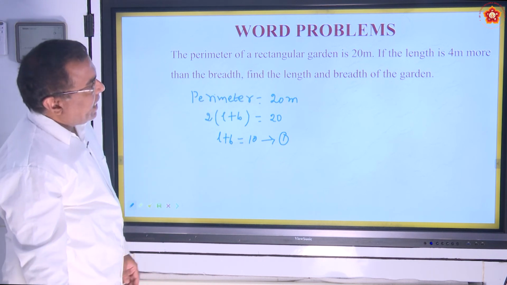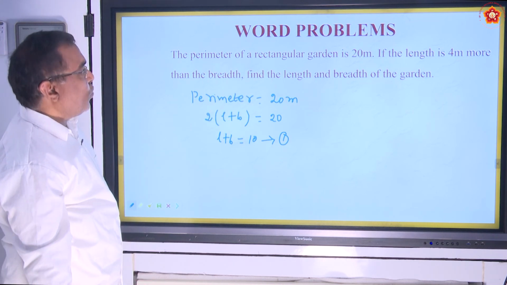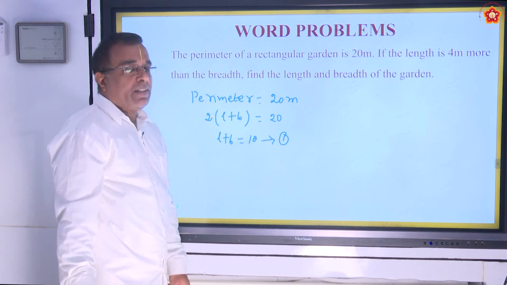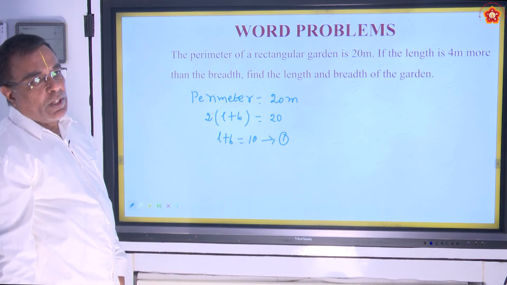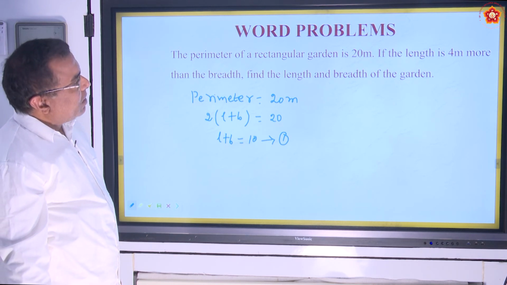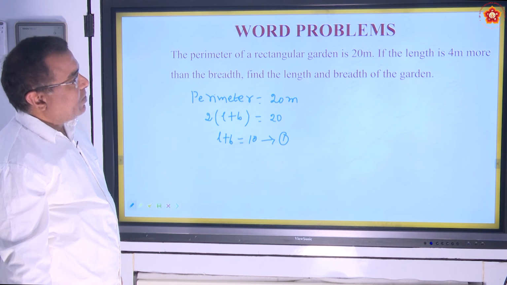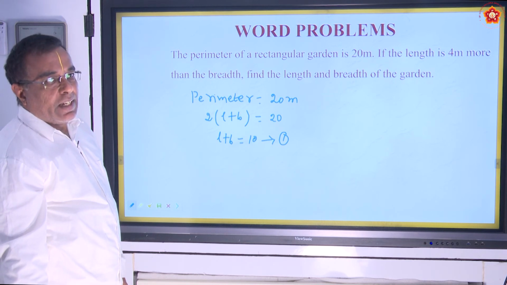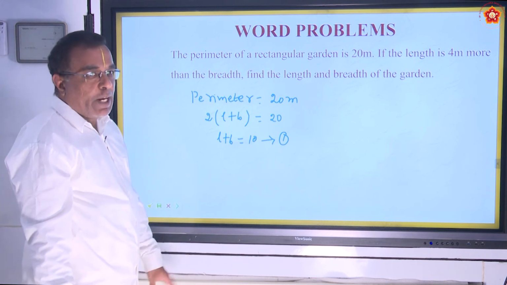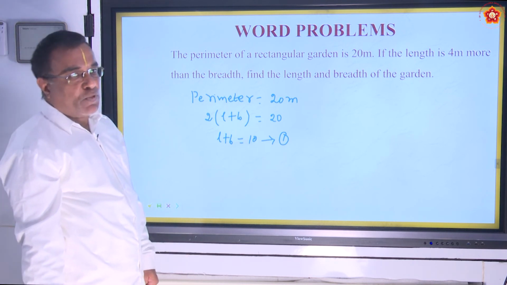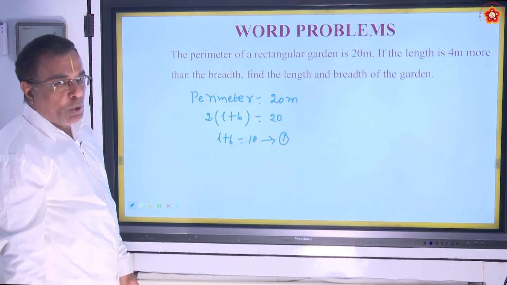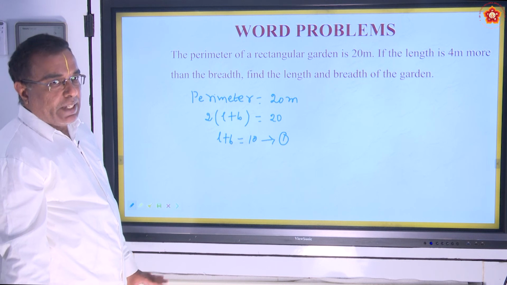Further read. Again, if the length is 4 meter more than the breadth. So length value is 4 meter more than the breadth. So if the breadth is b, what will be the length value? It will be 4 more than b. So length will be b plus 4. Correct? Length value will be b plus 4 if the breadth value is b.